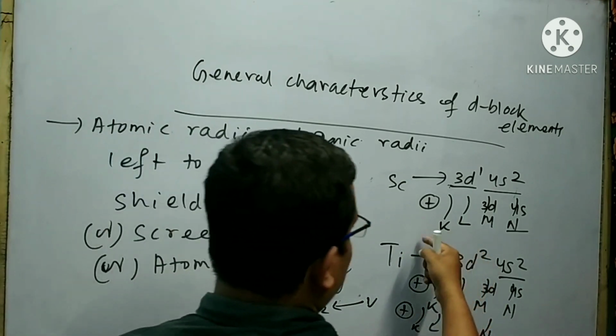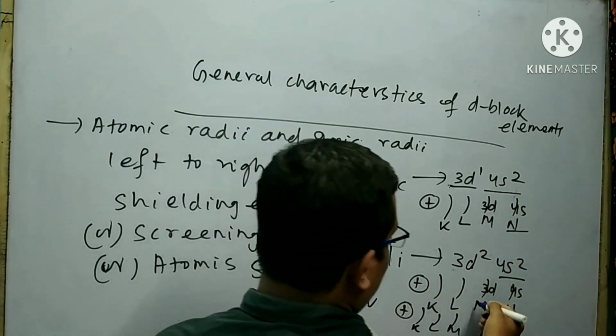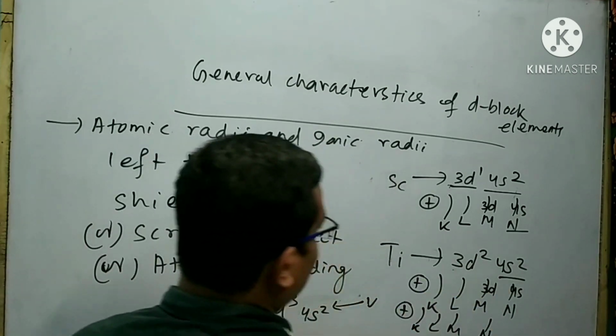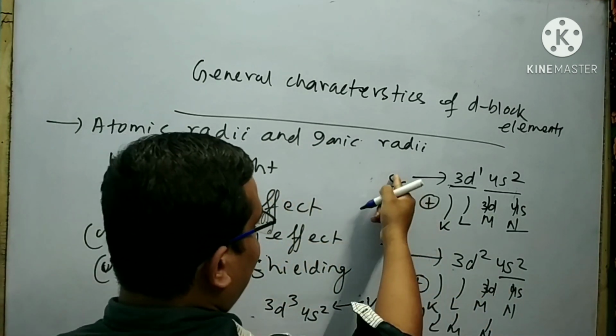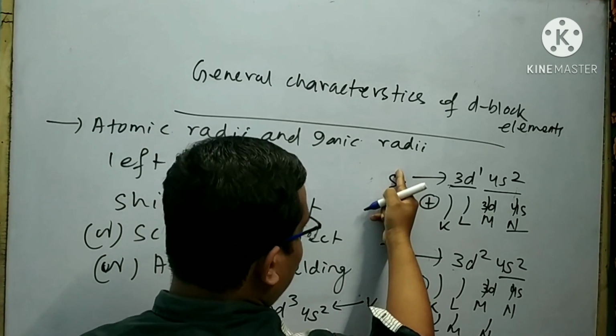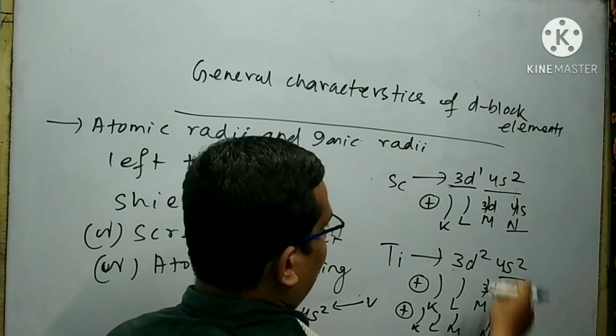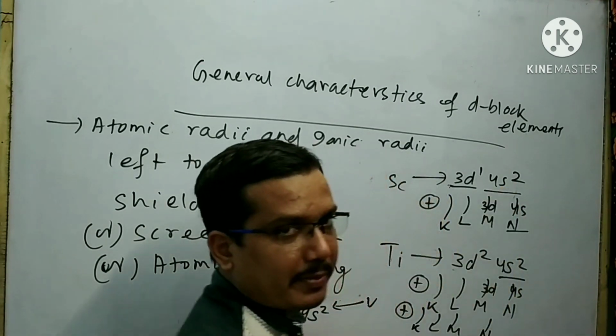In this case, the 3d orbital creates a problem for the 4s orbital because the effective nuclear charge does not completely affect the 4s orbital.